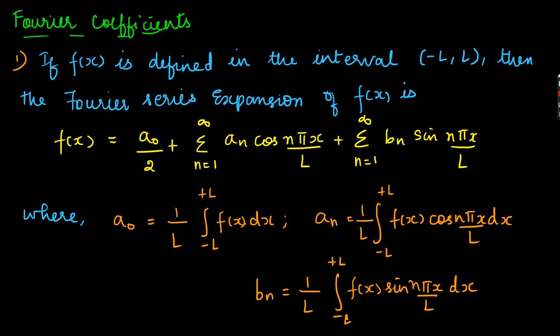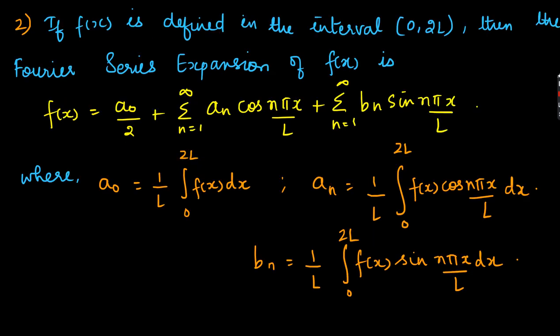If you don't remember how to memorize your a naught, a n and b n, you can look at your Fourier expansion, where a n is the coefficient of cos n pi x by L. So a n will have the cos term. Similarly, b n will have the sin term because it is the coefficient of sin n pi x by L. The only thing that varies here is your limit.